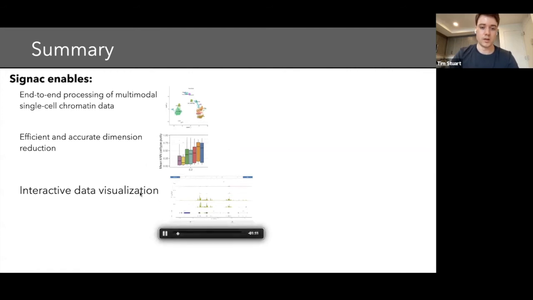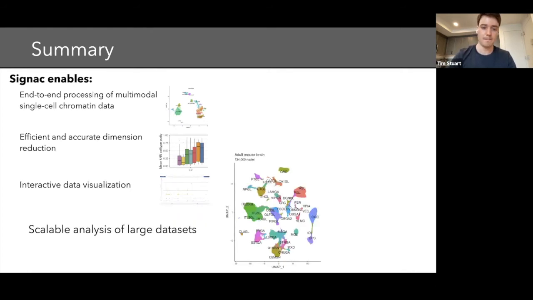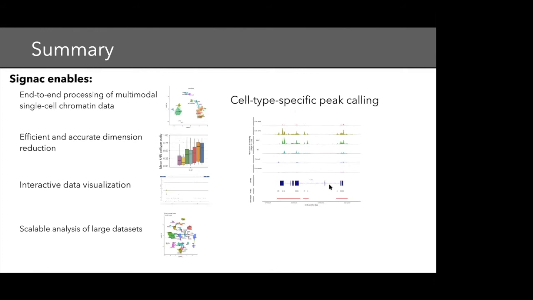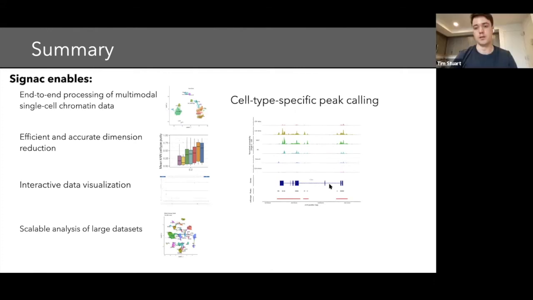We've also developed really extensive interactive data visualization tools that let you browse the genome and see the signal per single cell for different regions of the genome. These methods also scale to very large data sets containing hundreds of thousands of cells. We can also do cell type specific peak calling on our chromatin data, and we found that the way that we do peak calling is really important in certain downstream analysis tasks.